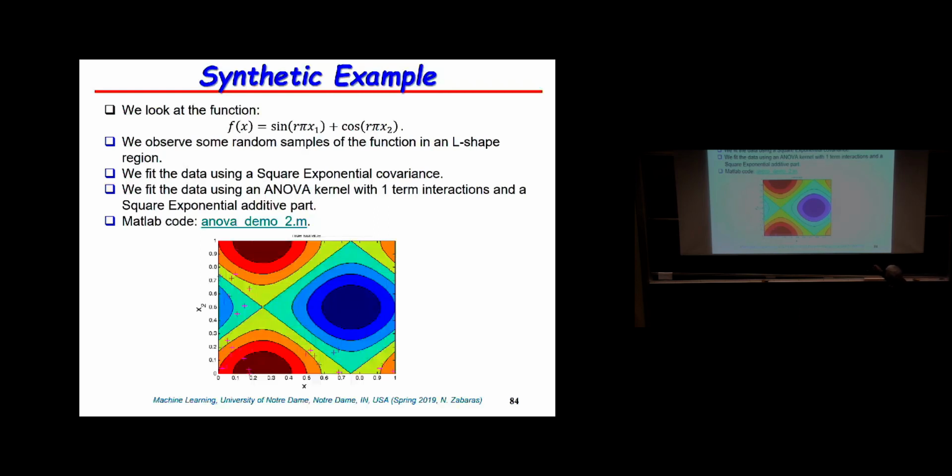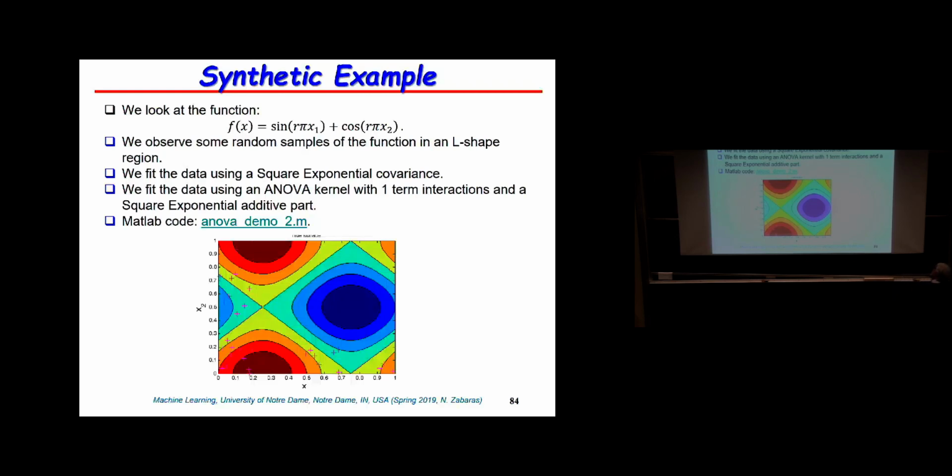If I give you data coming from this function and tell you to find me a Gaussian process to model this, you will not know that I have 2 additive effects, one a function in the x1 dimension and another a function in the x2 dimension. R defines the periodicity here.